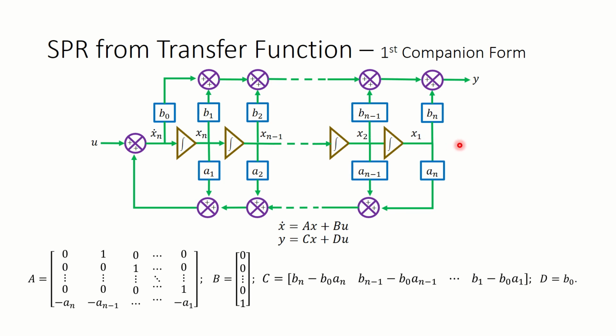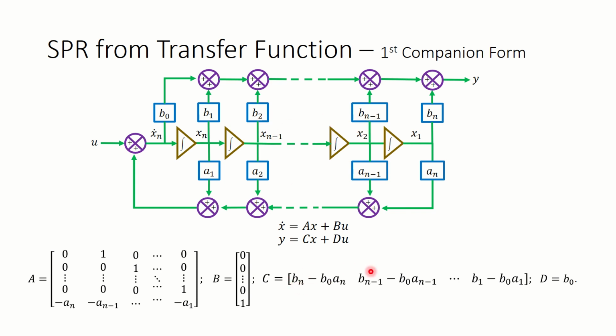Before, the output was simply taken out from x1. Now the output has to be taken out as a summation of all the states passed through some gains. So you see x1 being passed through bn, x2 being passed through bn minus 1, like that.